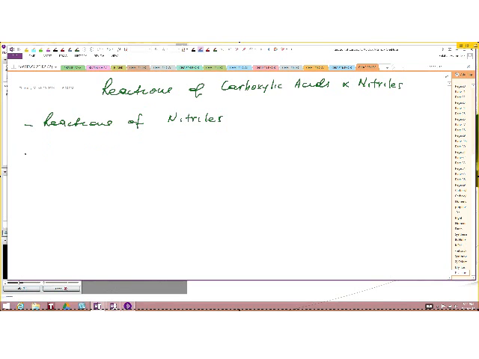So I will say 1. Hydrolysis of nitriles to give carboxylic acid. We've seen that before, right? That is just a repeat of what we did when we did the synthesis of carboxylic acid.